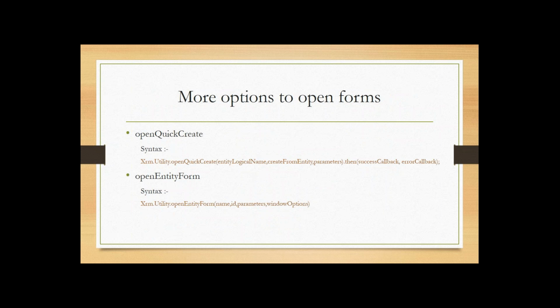Now let us look at what are the new options available for opening new forms. The first one is openQuickCreate form. Suppose we want the user to add a child account to a parent account, then we can make use of this feature by allowing the user to create a new child account in a quick create form, and on close of the quick create window, it automatically links this child account to the parent account.